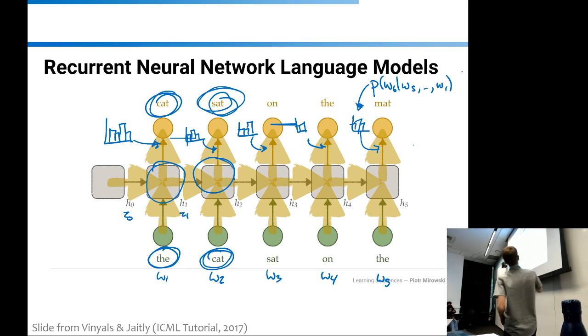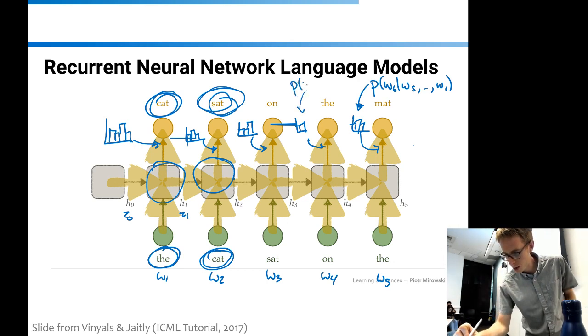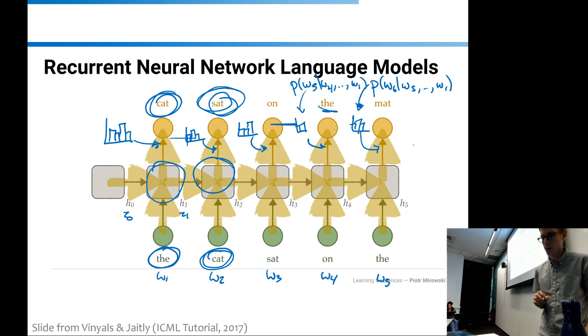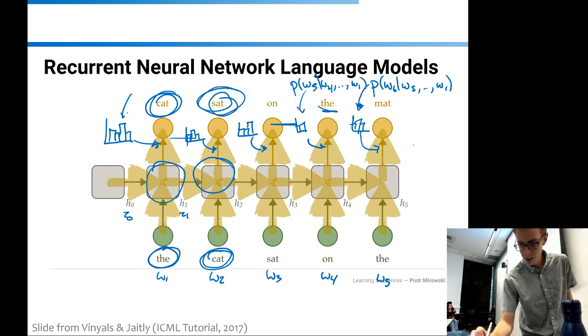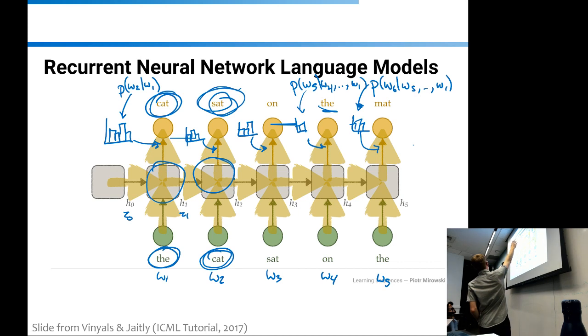So how does it get the dependence on all of those words? Well, it depends on them through these hidden vectors. This previous distribution is really just the probability of word 5 given word 4 all the way down to word 1. And so on all the way back until we get to the probability of word 2 given word 1. And if we multiply these probabilities together, plus some prior probability of word 1, then we get back a joint distribution over all of them.